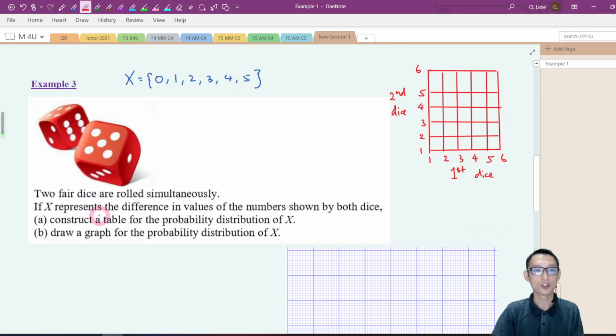Okay, we want to construct a table for the probability distribution of x. So what do we need to do? We have to construct a table.